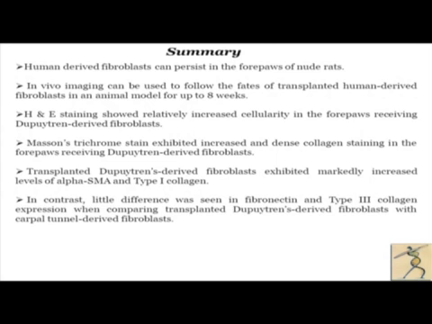We again saw apparently increased cellularity in the forepaws receiving Dupuytren's-derived fibroblasts. And Masson's trichrome stain showed increased collagen staining. The alpha-smooth muscle actin and type 1 collagen were increased, and fibronectin and type 3 collagen were not increased in Dupuytren's versus carpal tunnel-derived cells.